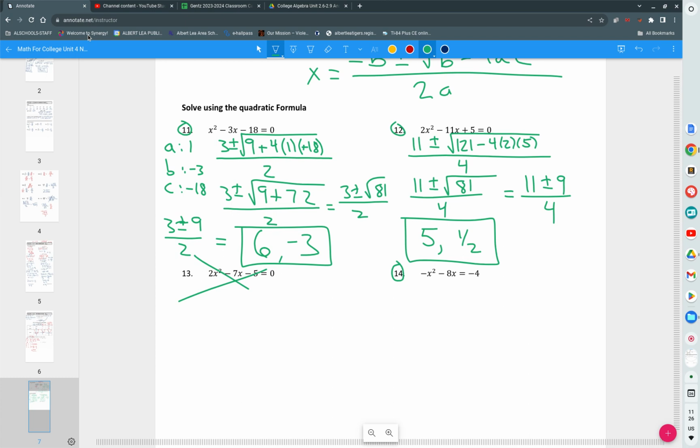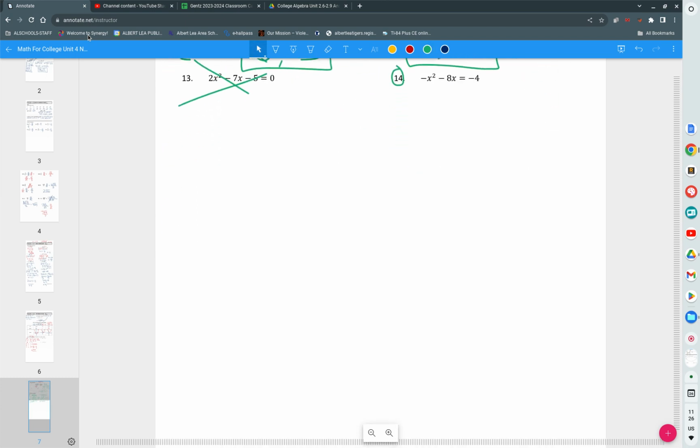Our last example for this unit, problem number 14. What's different about this? It's not equal to 0. You must set it equal to 0. So I have a negative x squared minus 8x plus 4 is equal to 0 after you add that 4 over to the other side.